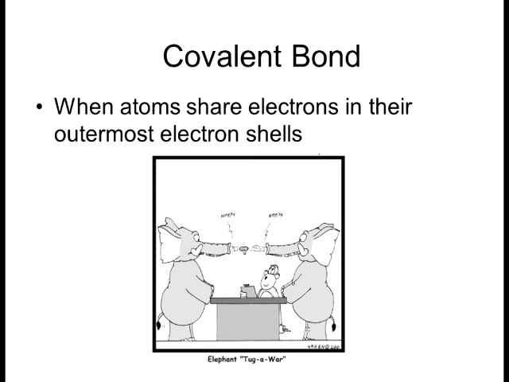As you can see with the elephants and the peanut here, they both want it. They both want it really bad. As such, it's going to be shared between them. Now, unlike this scenario, the peanut, or the electron, doesn't just sit between the atoms. It circles the atoms. So in this scenario, it's missing one of the most important elements.